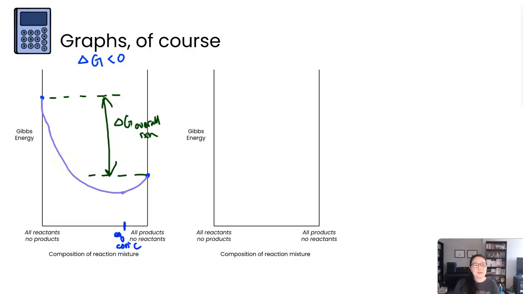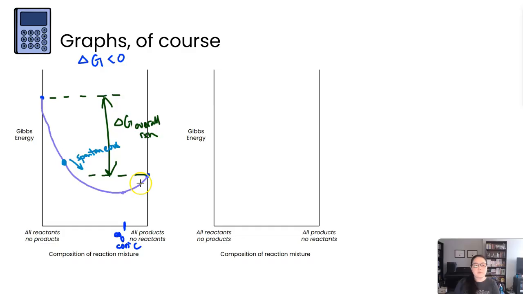So say that you are at this point, this is your ratio of your reactants to products. From here, you can see that the Gibbs energy will decrease if you go further right. So you know that it will be spontaneous in that direction, but it will not be spontaneous in the other direction.